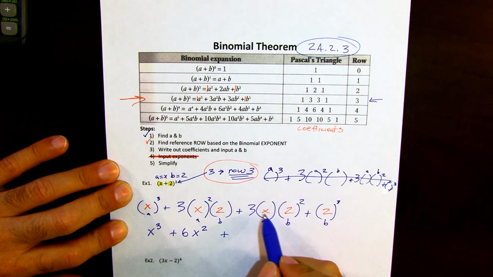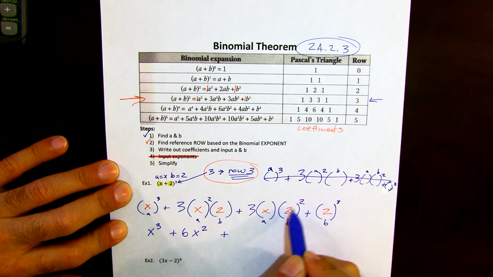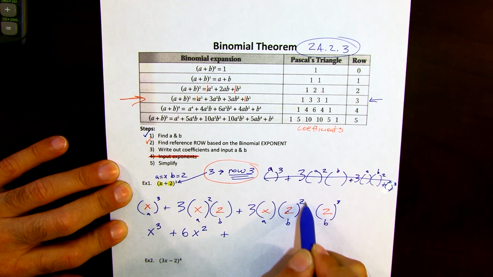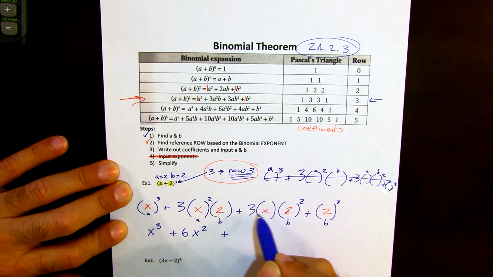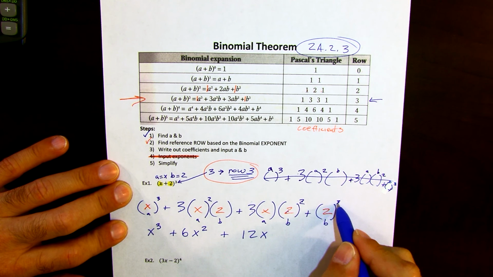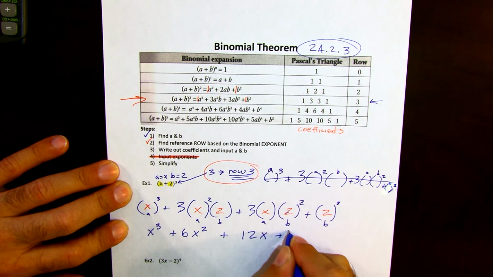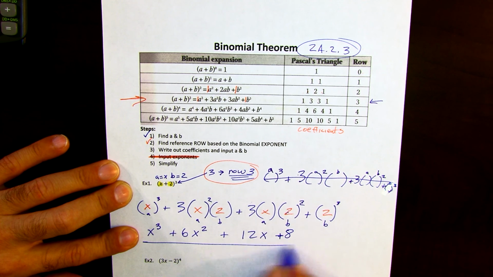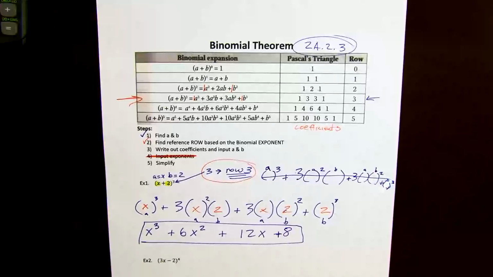Plus 3 times x times 2 squared. 2 squared, if we're thinking PEMDAS for this one term here, 2 squared is 4 times 3 is 12. 12x. Finally, 2 to the third power. 2 times 2 times 2 is 8. Literally, it's magic. I love it.